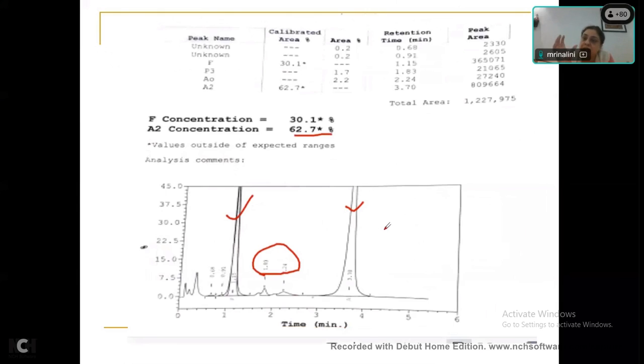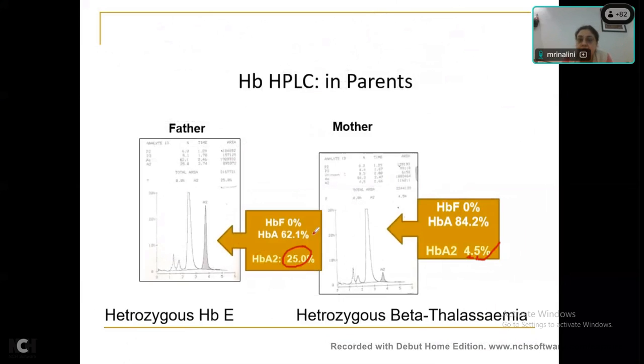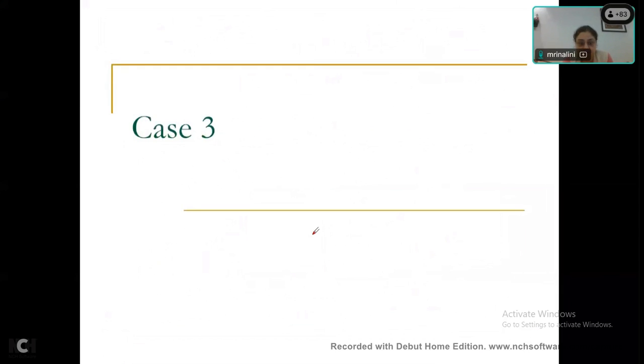So clinically requiring a blood transfusion off and on is a Thal intermedia. So this is HbE Thal. That is why family studies are important, and you cannot interpret an HPLC in isolation. So the diagnosis is double heterozygous HbE beta thalassemia.